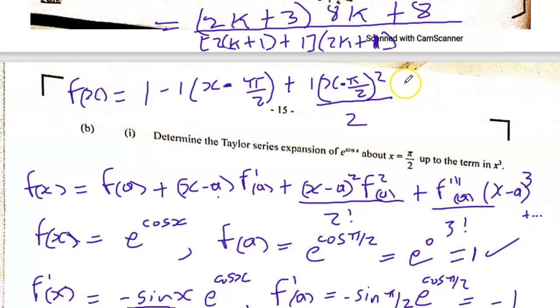And the final term in x cubed, the third derivative at a was 0, so 0 times x minus pi over 2 all cubed over 3 factorial, which was 6. So those will be the first three terms up to x cubed.